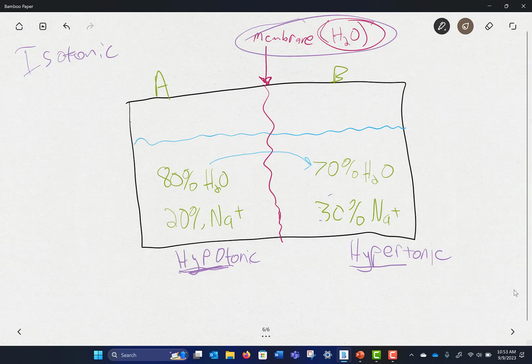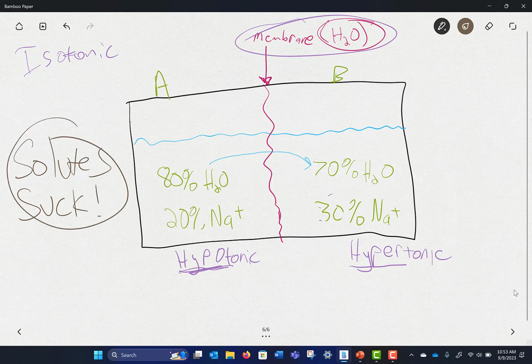And all students that had me will shout this out at some point in a class. And that is, solutes suck. If you can remember that, it will tell you exactly what happens in these situations. Solutes suck. What does that mean?